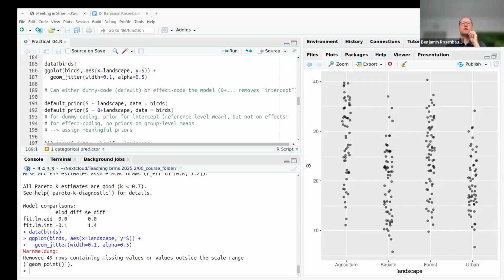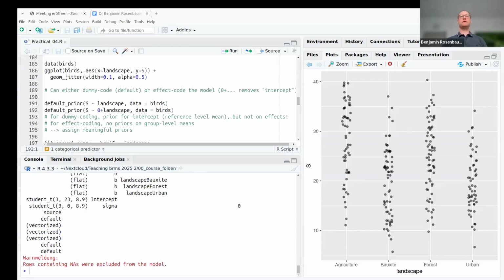You can fit the model classically, species richness versus landscape, and this will be dummy coded, where you have the intercept for the reference level and then all the differences to the reference level. Or for this model, you can enforce not dummy coding it by putting a 0 + landscape here. And for both of them, the prior specification means something different.